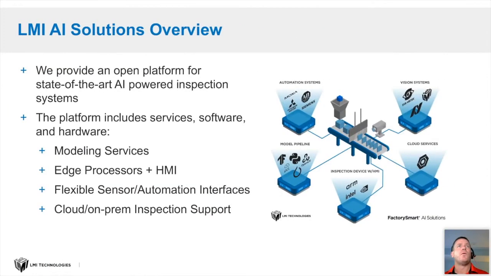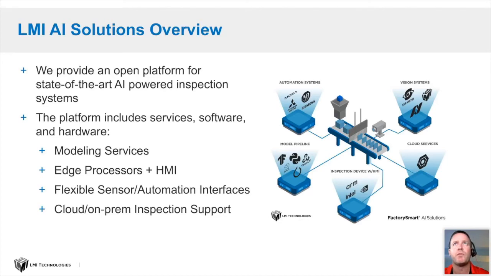So who is LMI AI Solutions? We're a group at LMI that provides a turnkey AI inspection-based solution. And I show the typical solution in the figure to the right. On the top, you see the automation systems and the vision systems. Those are the parts of the system that generally speaking already exist.